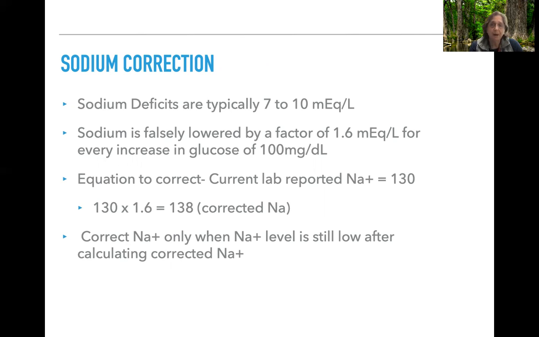So we need to correct the sodium, and the equation to correct is you just multiply whatever your lab value is for sodium by that factor of 1.6. So if your lab reported a sodium of 130, you multiply it times 1.6, and your corrected sodium is 138. You only want to correct your sodium when it's still low after calculating your corrected sodium.